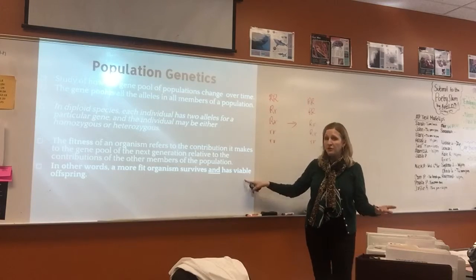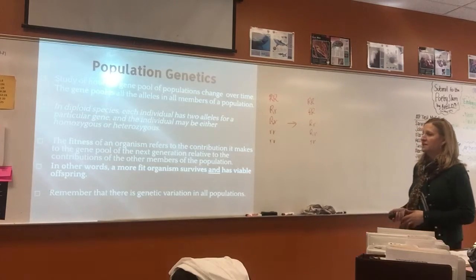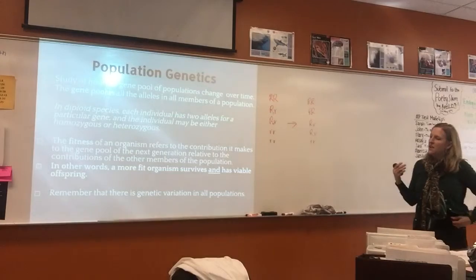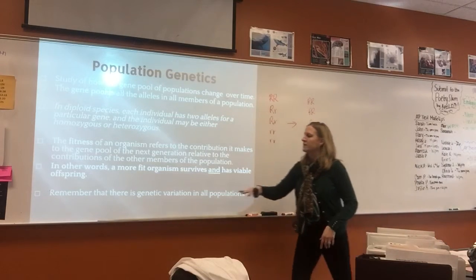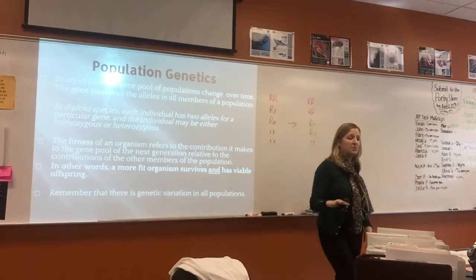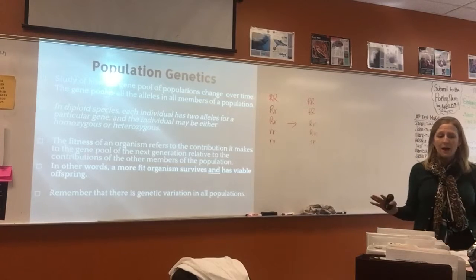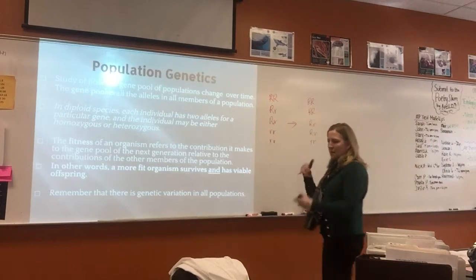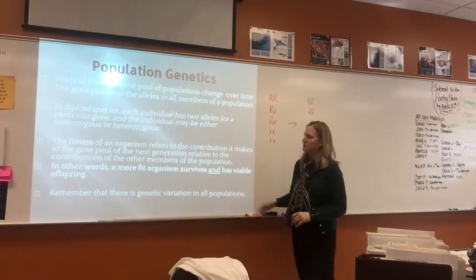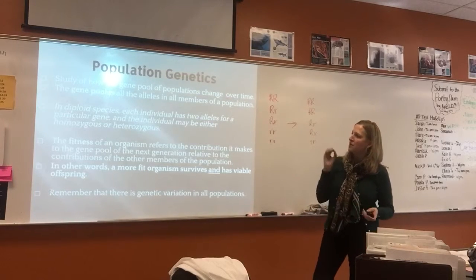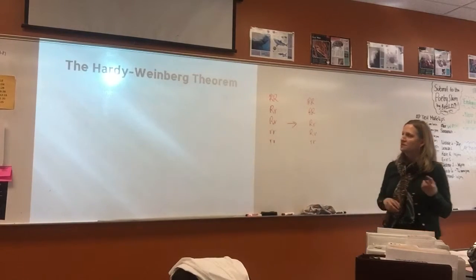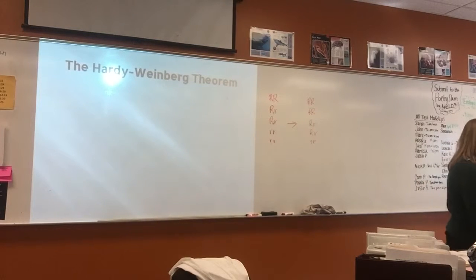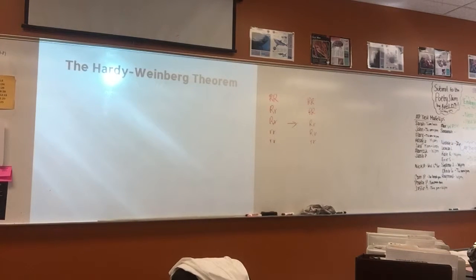It doesn't matter if you reproduced in that particular case. And then remember, the basis of natural selection is that there is genetic variation. There's genetic variation in all populations, not just some. Some can have more than others, but all populations have it, which is the basis of natural selection.